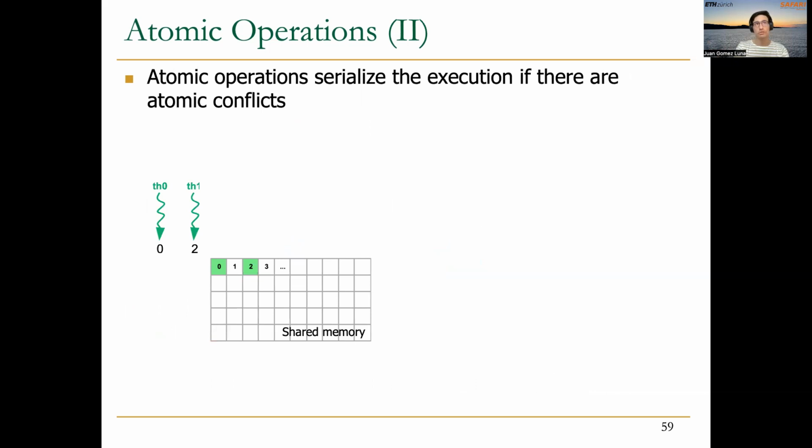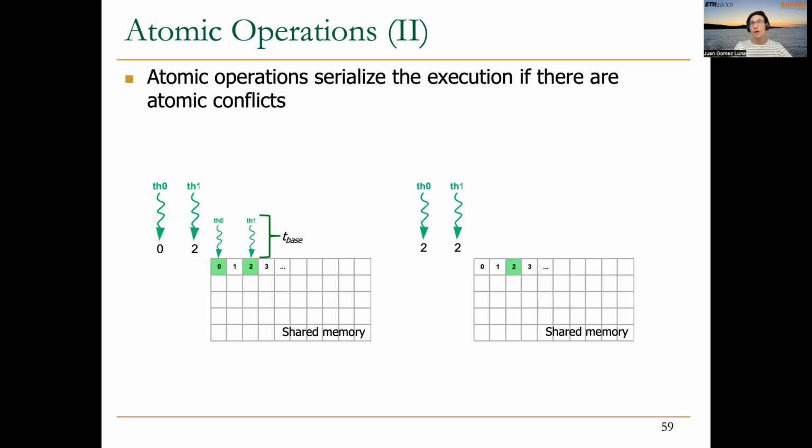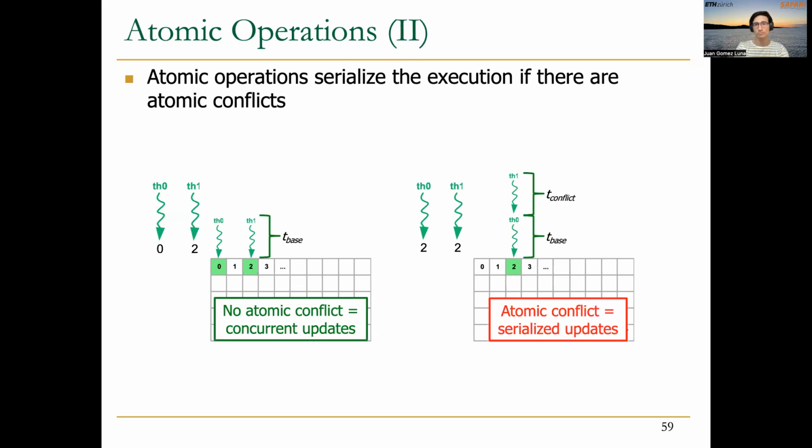If two threads, thread 0 and 1, need to access two elements in shared memory but in different memory locations, then it will take some time, but in the end, things will work well. There is no conflict here. However, if these two need to update data that resides in exactly the same memory address, then we will have an extra latency due to the atomic conflict.